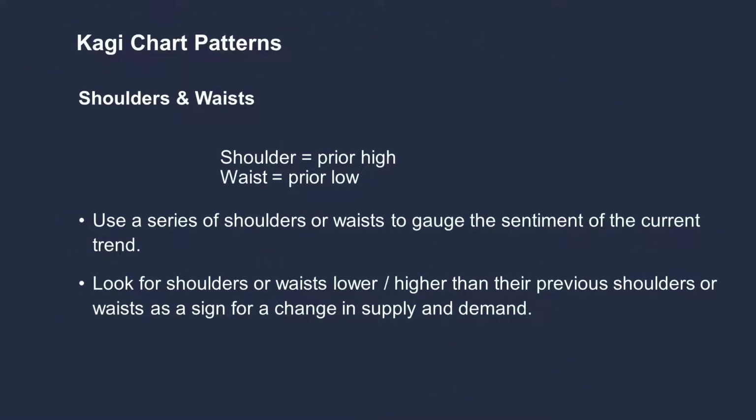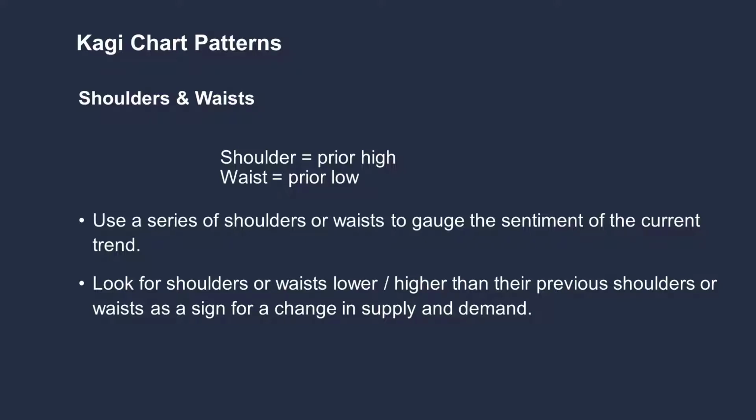So our first Kagi chart pattern revolves around what's known as shoulders and waists, which is unique to the Kagi chart. A shoulder is a prior high and a waist is a prior low, and what it can be used for essentially is to gauge the sentiment of the current trend.